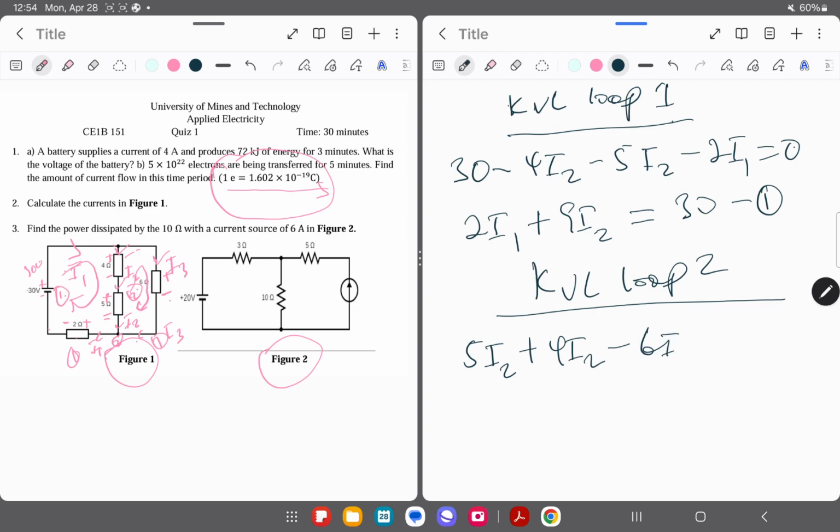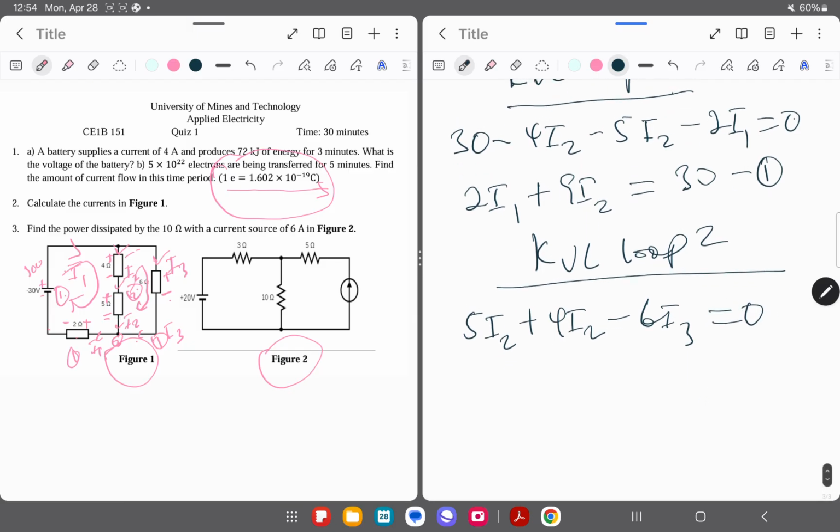So 6I3. Then we come back to the 5 ohms. So that will be a complete loop. So I have equals to 0. So this will be for the second equation. So we simplify this. So I have here 9I2 minus 6I3 equals to 0.